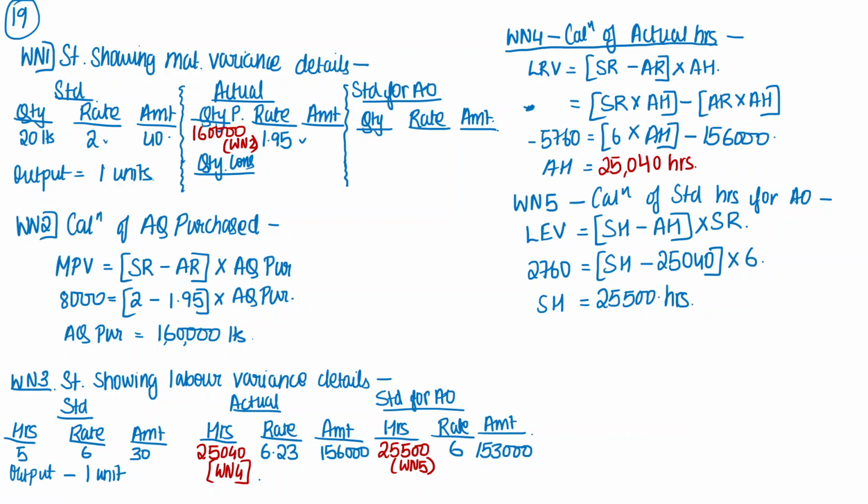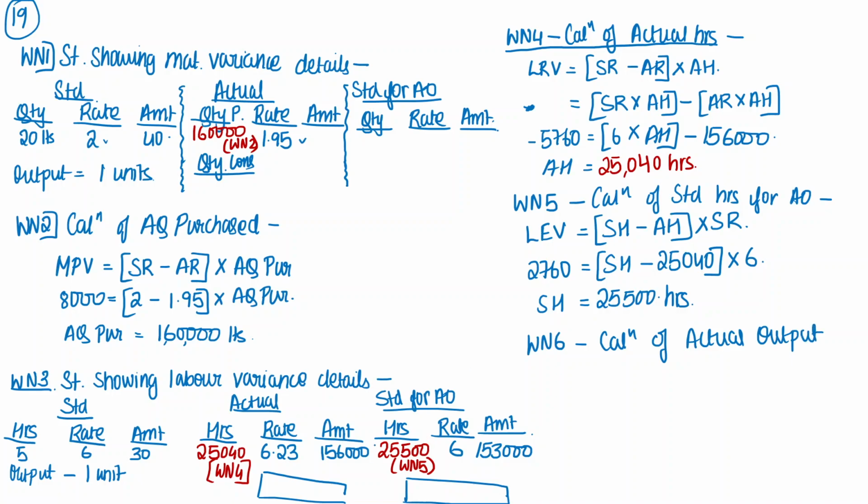Is the output pending? How will you calculate the output? Right. So if they are taking standard hours of 25,500, the standard will be for how many units?